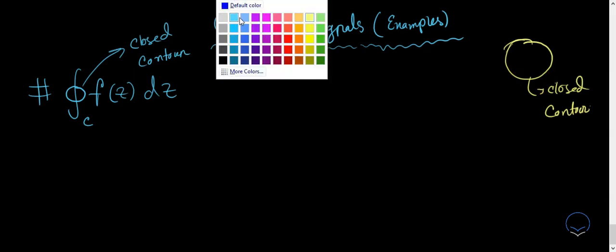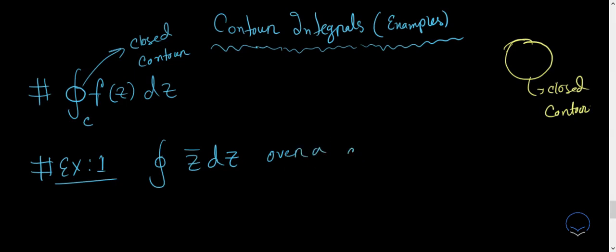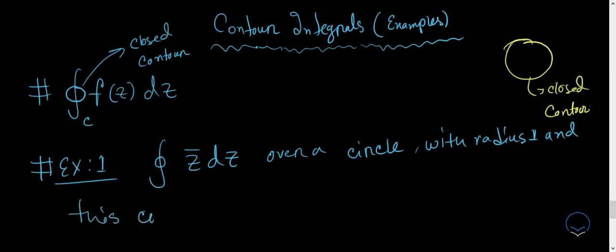So let's take the first example, that is example 1. We have to integrate z bar dz, same thing as before, but now it is given that we have to integrate this thing over a circle with unit radius, or radius 1, and this circle encloses the origin.